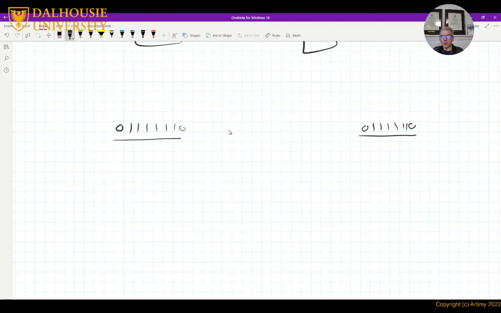But let's assume within this we have 0, 3 ones, 0, 1, 1, 0, something like this, and then the remaining bits. Let's say due to error, this bit is flipped from 0 to 1. So now the receiver sees a flag, a sequence of bits, and then another flag.